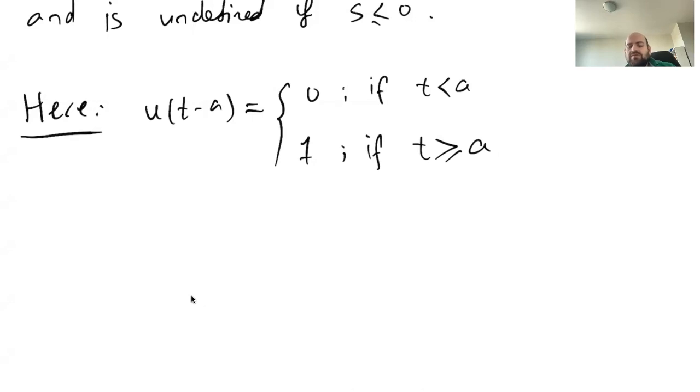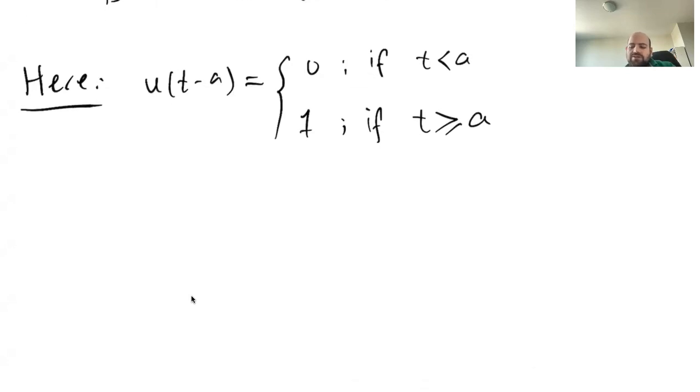But for today, most of our time was spent finding the Laplace transform of specific functions. For example, the Laplace transform of polynomials, of trigonometric functions, or of the step function in this case.